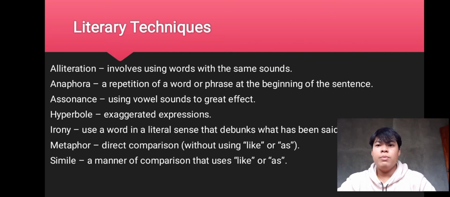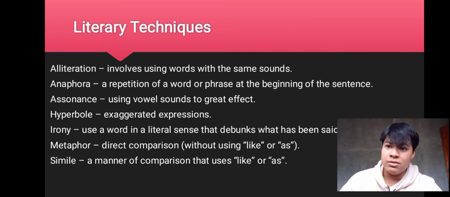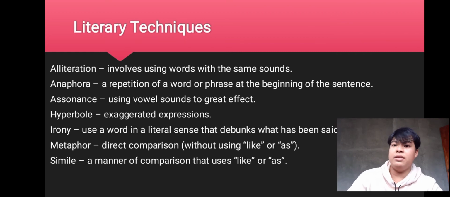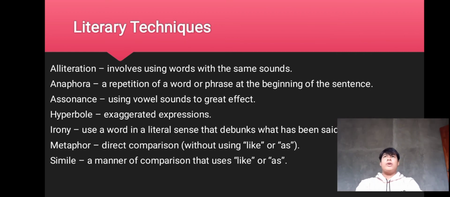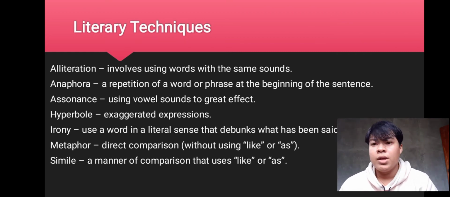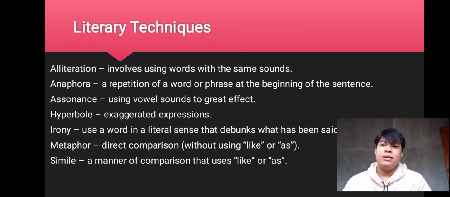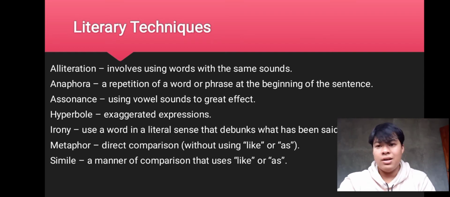Even though the words are not the same, there is a repetition of internal vowel sounds. So winner, winner, chicken dinner, and also we have an example of lean, mean, fighting machine. So that is what assonance is all about.